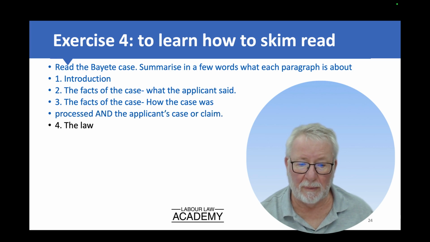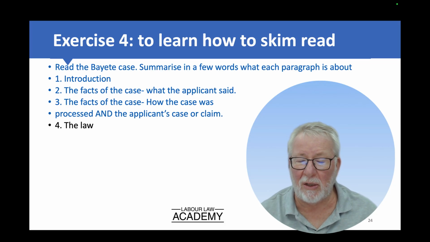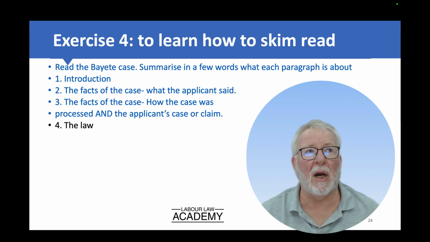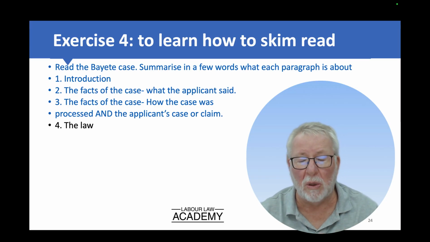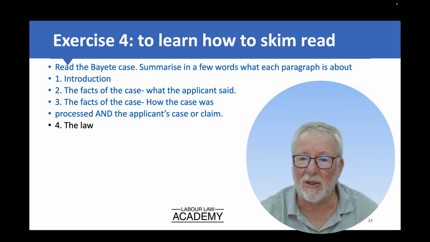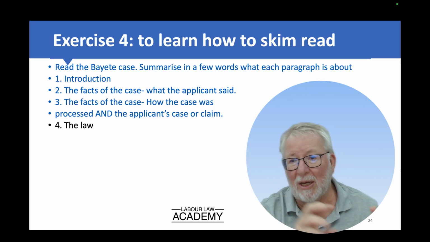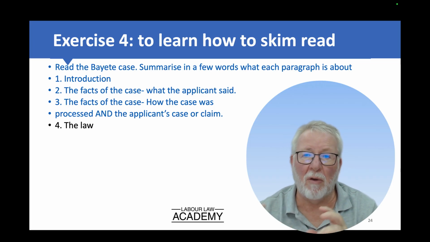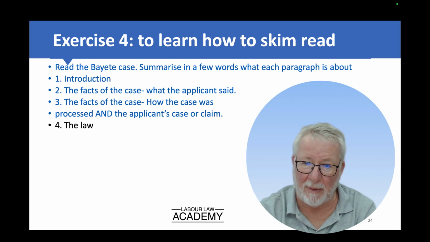Then the law, paragraph 4 is the law. I've already explained that to you. How do you get to see, well, this is the law? Well, one way is they quote the actual law. So in the first sentence there, it says, on the ground specified in item 2.1 of Schedule 7. I've said to you, that is referring to a particular part of the Labour Relations Act as it was at the time.